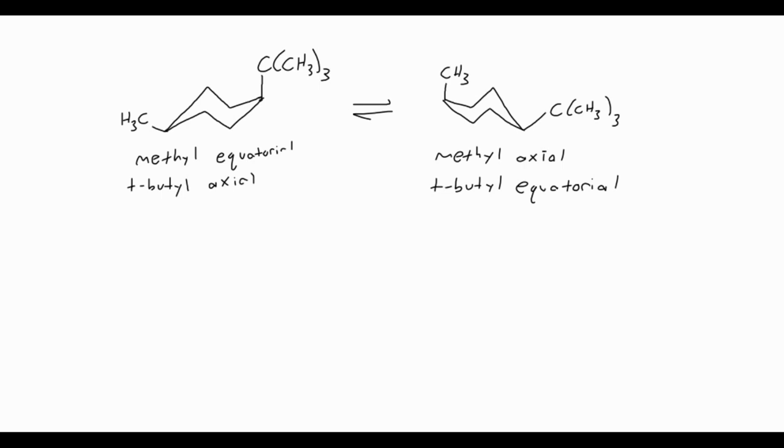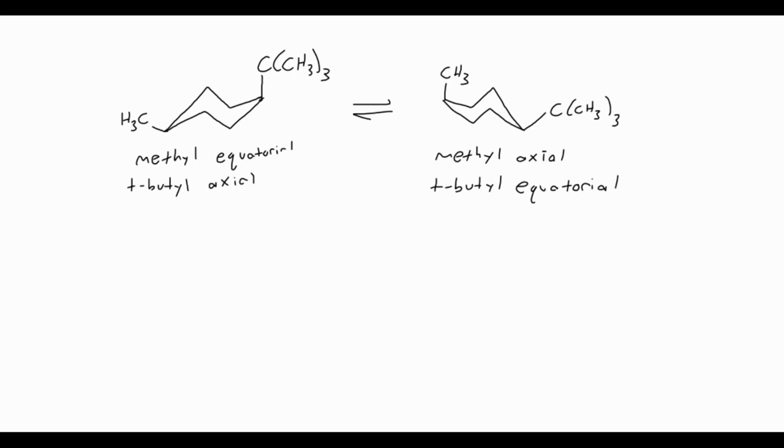Well, like I said just a minute ago, the larger group is always going to prefer the equatorial position. And that's because the larger group will experience more 1,3 diaxial interactions, or you can just think of it as more steric hindrance. And those steric clashes with the other hydrogens or other substituents will contribute to decreased stability.